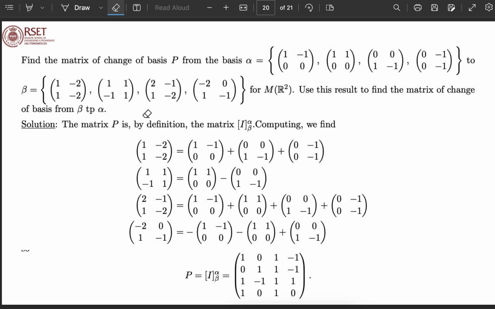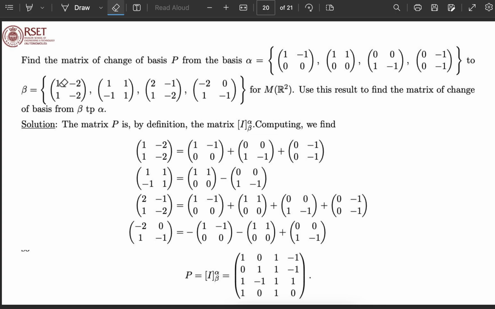To construct that P, we need to write the elements of beta as a linear combination of elements of alpha. So take the first element of beta.